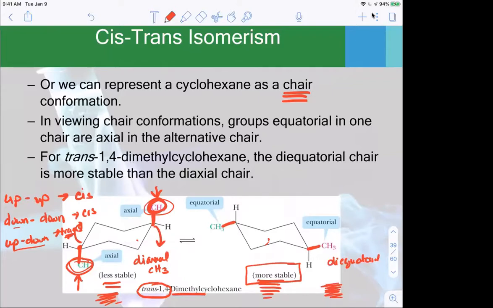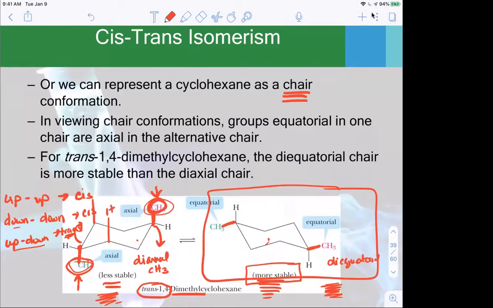In that case, you need to be able to determine that this is more stable because the larger group is going to be in the equatorial position. Remember, on both sides, this is going to have these diaxial interactions. Here, going down, I have those diaxial interactions on this side and on this side. So that makes it less stable.